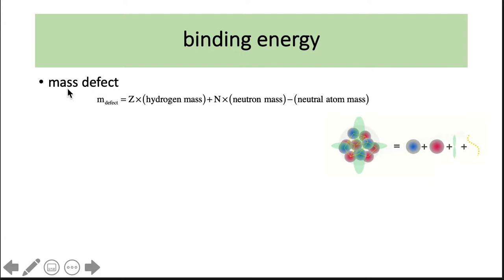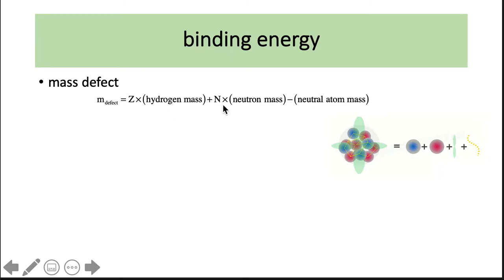Take the masses of all the pieces that go into a nucleus. Take a nucleus like, I don't know, carbon 14. That has 6 protons and 8 neutrons.